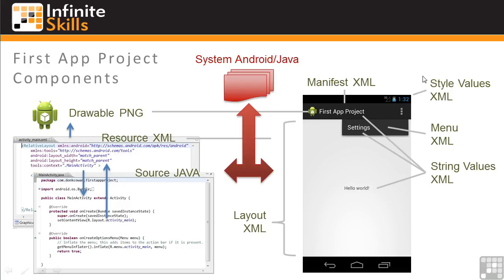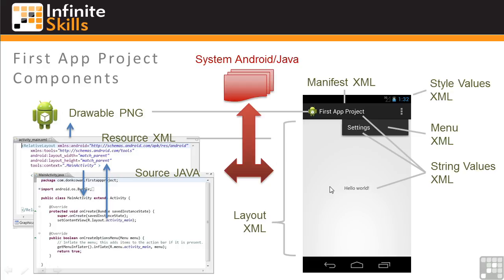Style Values XML code controls the overall look and feel of your user interface. In your first app, you're using the Holo Theme Light with dark action bars. Menu XML code controls the layout of the drop-down menu in the action bar. String Values XML code holds the text for the app name, menu, and main screen display.